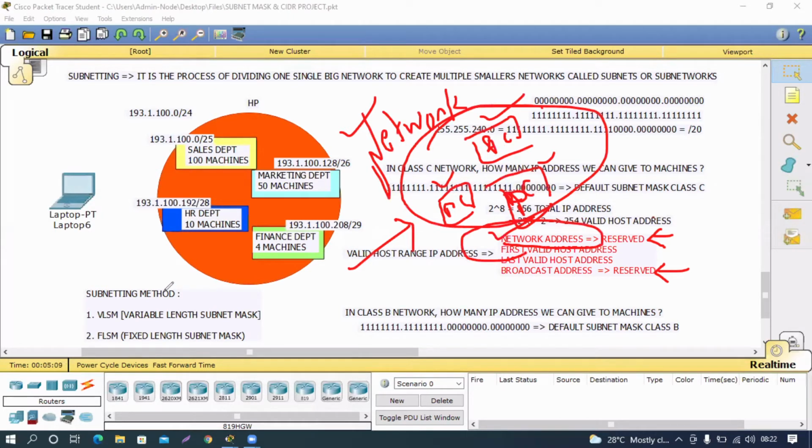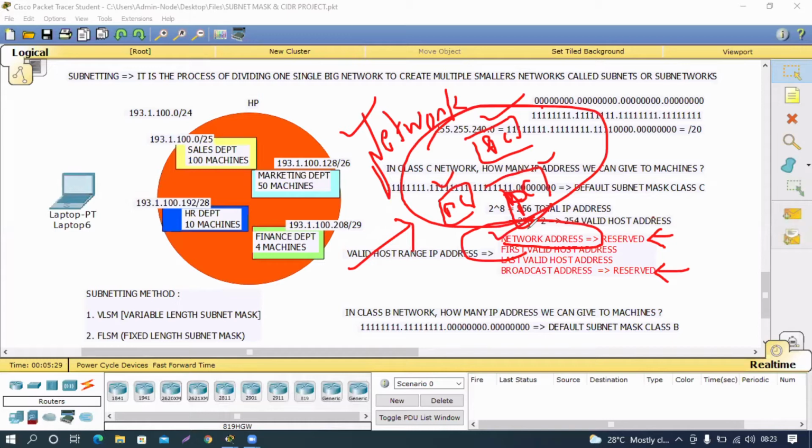Because we have lots of networks. The internet is made up of all these networks which are connected together. So every single network needs to be identified uniquely, and that is the reason we have a network address.